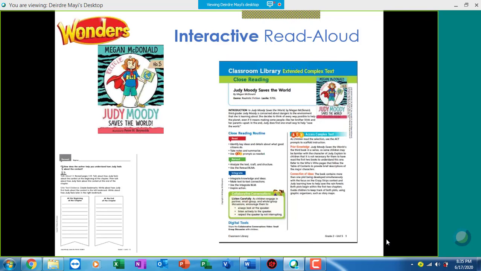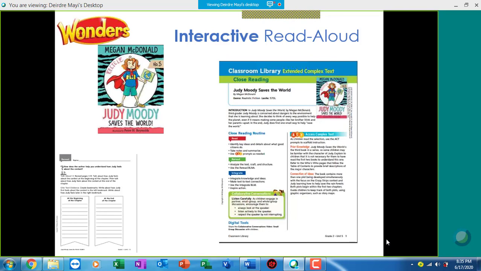Perhaps you need support about helping students understand the complexities of that particular story. So you will see ACT, or accessing complex text. Again, this will help you explain the complexities of this text.